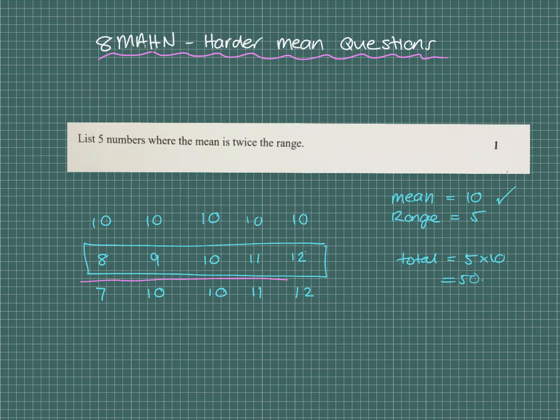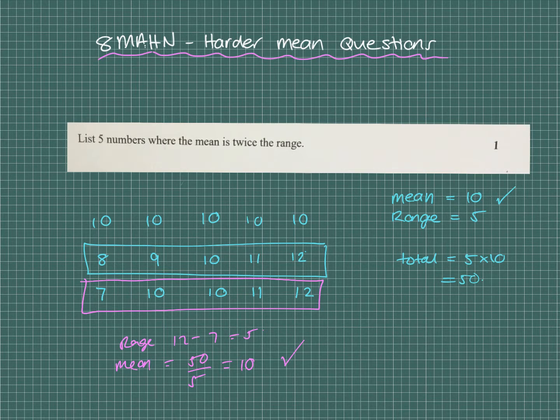I now have formulated, using some problem solving methods, 5 numbers where the range is 12 minus 7, which equals 5, and the mean, if I add them all together, is 50 divided by 5, which equals 10, and now the mean is twice the range.